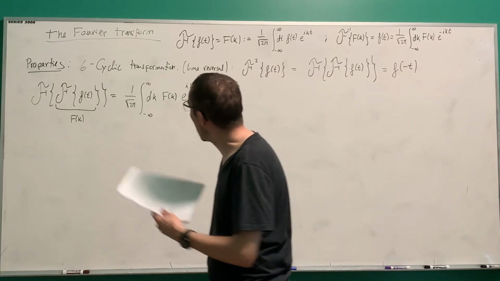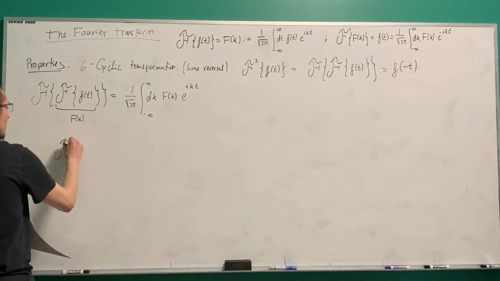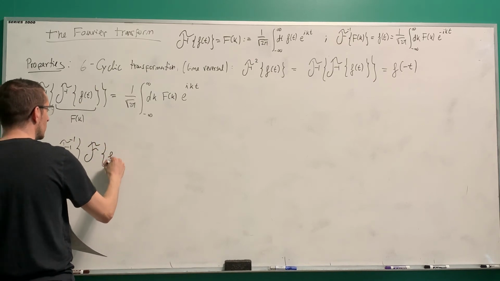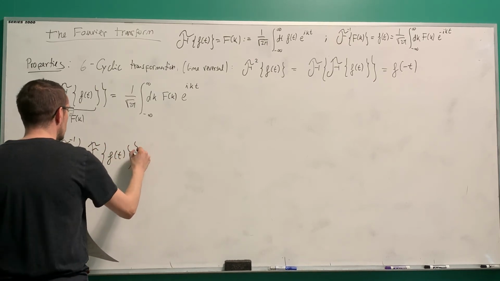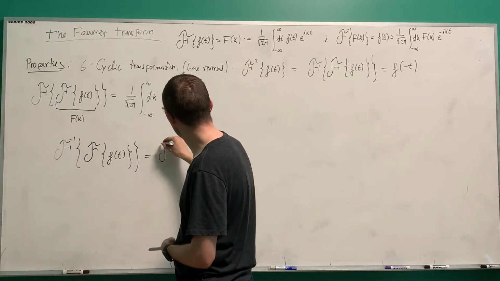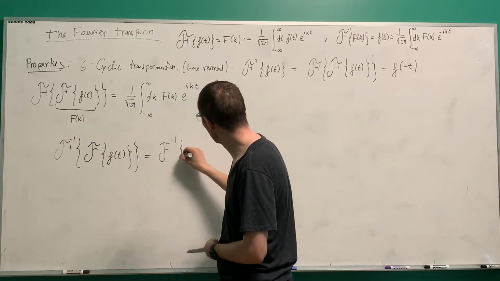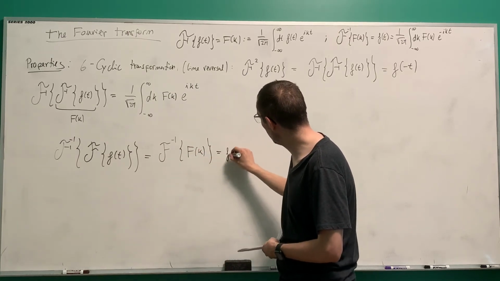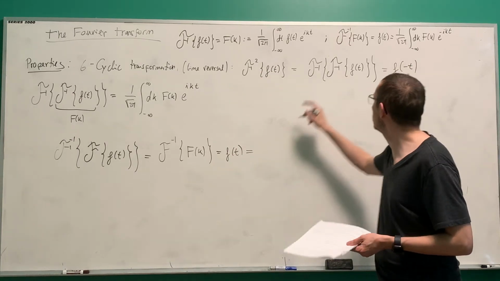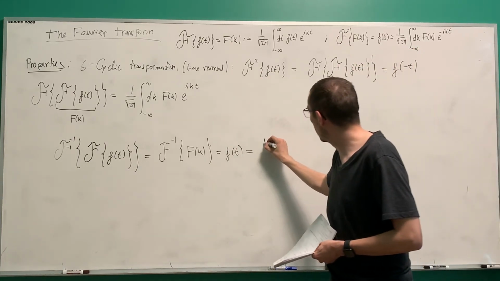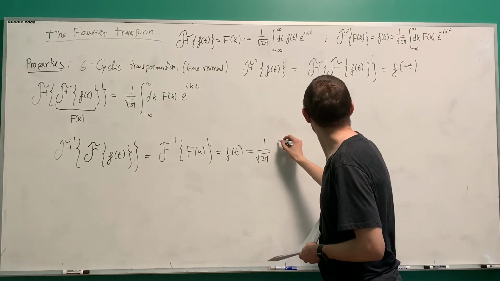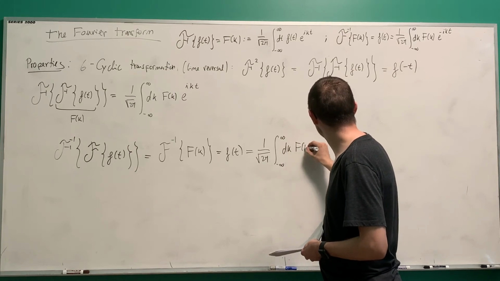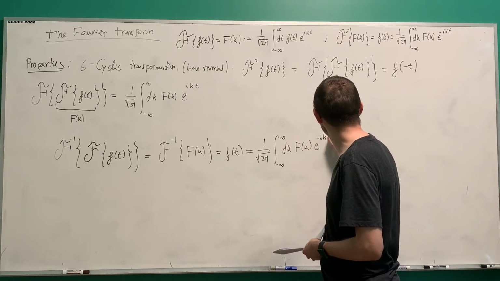But I can also write the inverse Fourier transform of f tilde of k, which of course is f of t, using the definition of the inverse Fourier transform that I have here: 1 over root 2 pi, integral from minus infinity to infinity dk f of k e to the minus i k t.